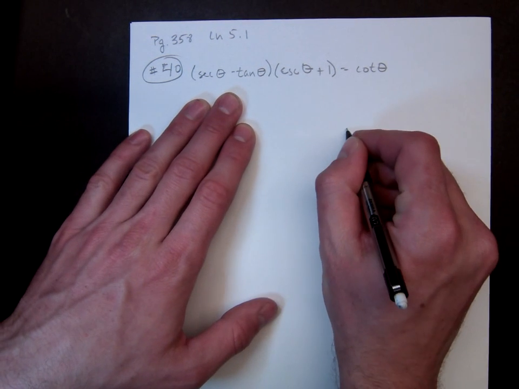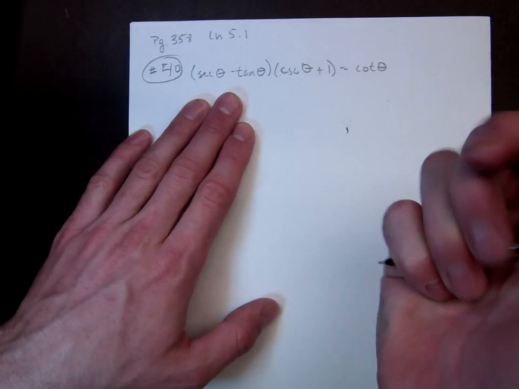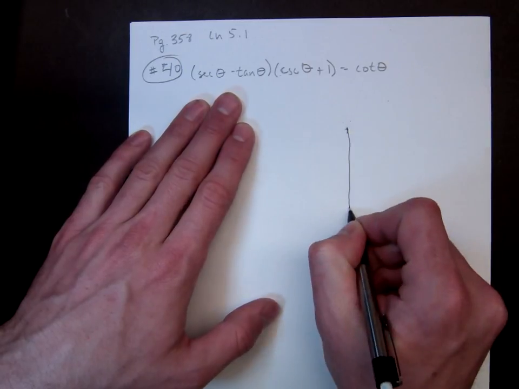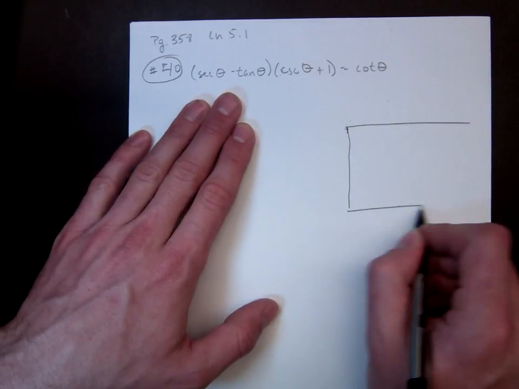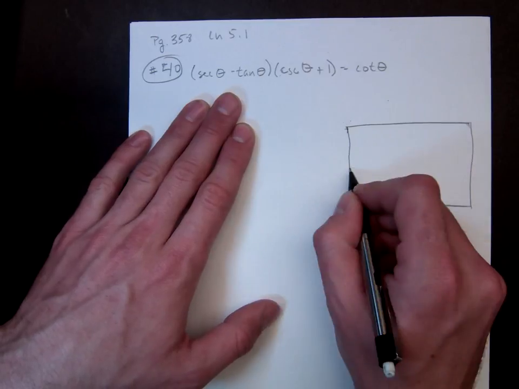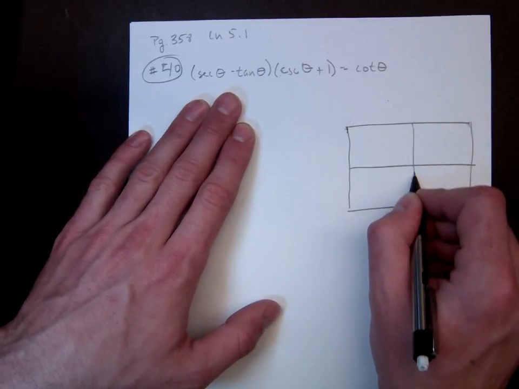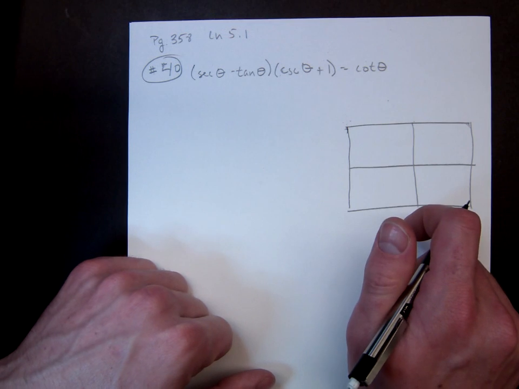I'm going to use the method that I have mentioned before, just the generic rectangle method. It works for both factoring and for multiplying back out. You can, of course, just FOIL these, and that'll work just as well.